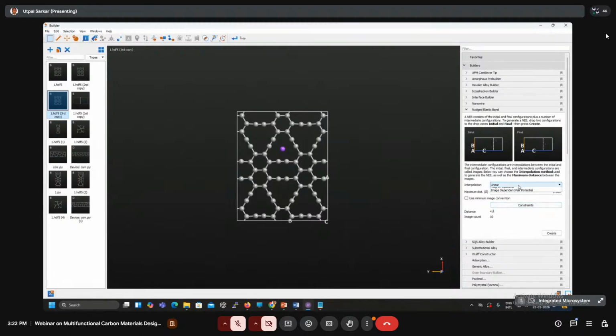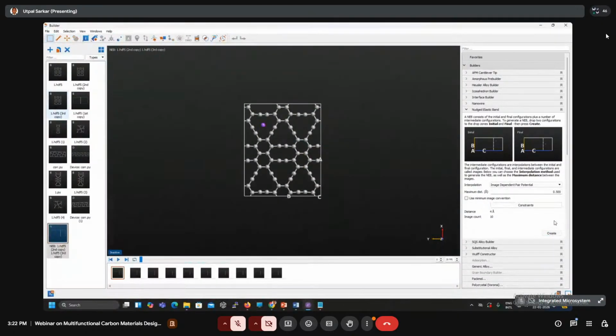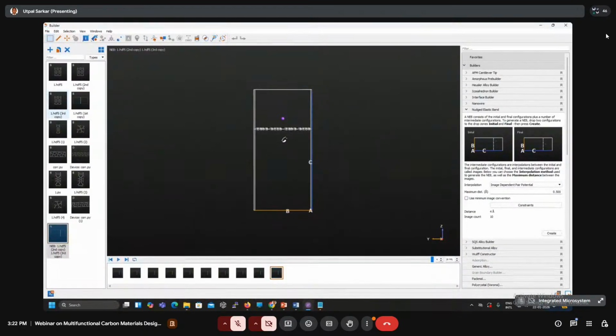Now we have to choose image dependent pair potential, and now we create the NEB input. Now our NEB input is ready for NEB calculation. So this is for path 1. Similarly, we have to calculate the other paths on the anode materials.